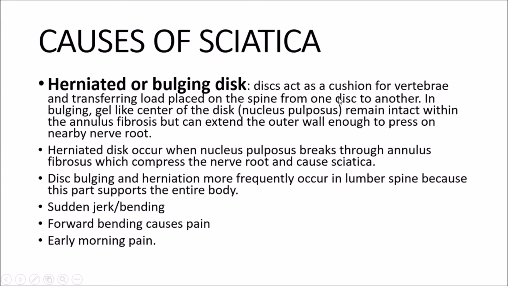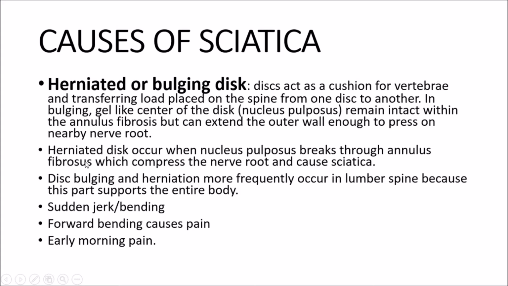The disc acts as a cushion for the vertebrae, transferring load placed on the spine from one disc to another. In bulging, the gel-like center of a disc, the nucleus pulposus, remains intact within the annulus fibrosus but can extend the outer wall enough to press on the nearby nerve root.